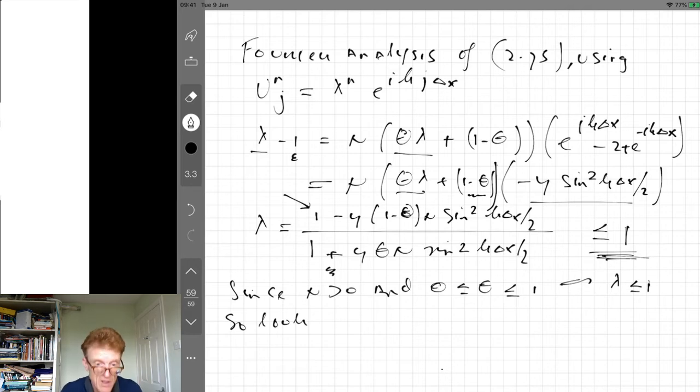So in general, given the ansatz, lambda is complex, but in this case, because it's a symmetric scheme, it's real. So now look at the case for which the modulus of lambda is bigger than 1. So this would be unstable.